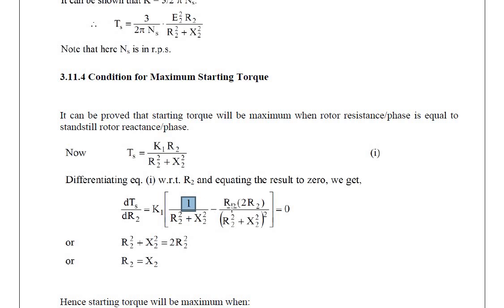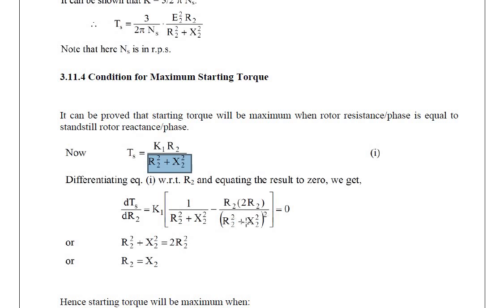plus, now R2 will be constant, and we have to differentiate the denominator term R2 square plus X2 square. So simple, it is given by R2 square plus X2 square whole square raised to minus 2.